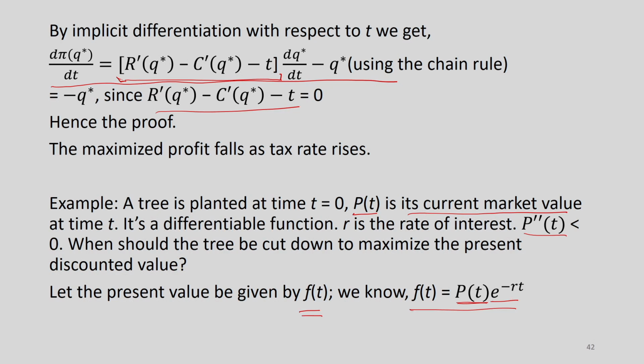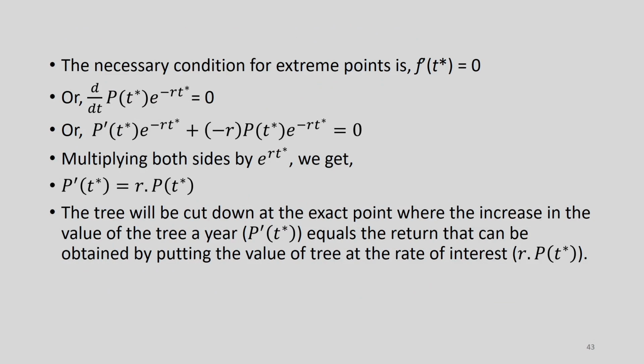R is the rate of interest. Now, the necessary condition for extreme points is that it has to be a stationary point. So F dash of t star is equal to 0, where t star is the t where the present discounted value is maximized. We are using the condition that the first derivative is equal to 0, which is just an application of derivatives, using the product rule.